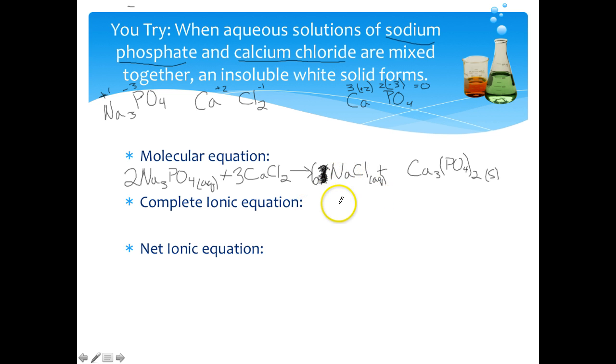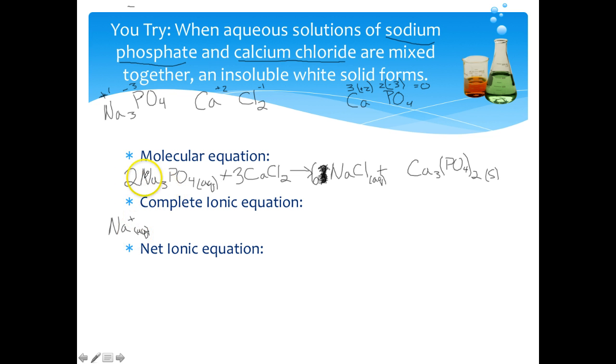Okay. So now we need to separate it out. The complete ionic equation. Well, sodium is an ion. So here's Na. It's aqueous, right? There's an aq, and it has a positive 1 charge.